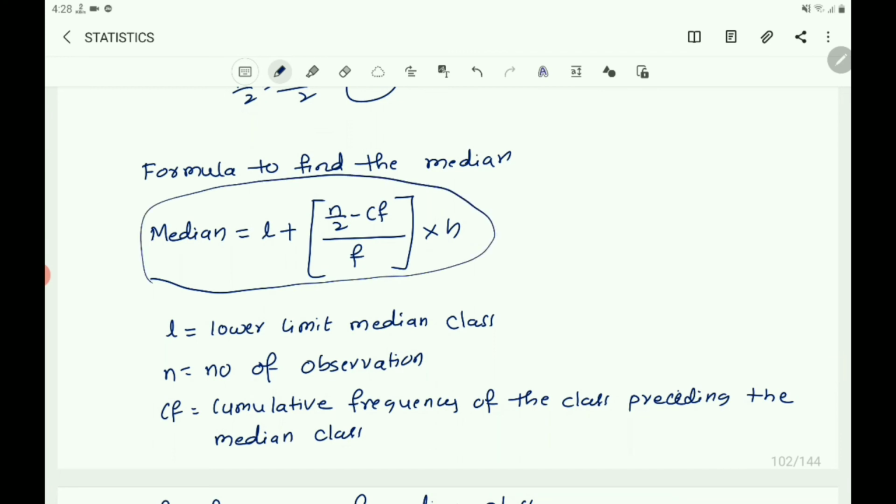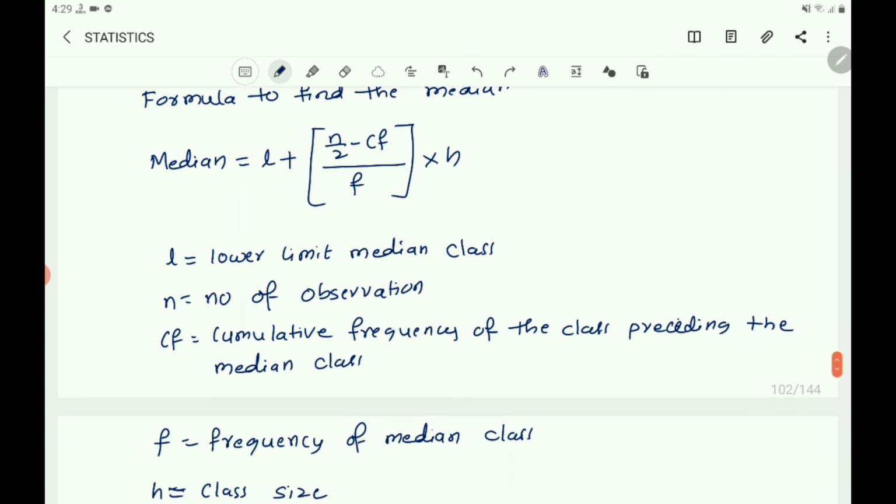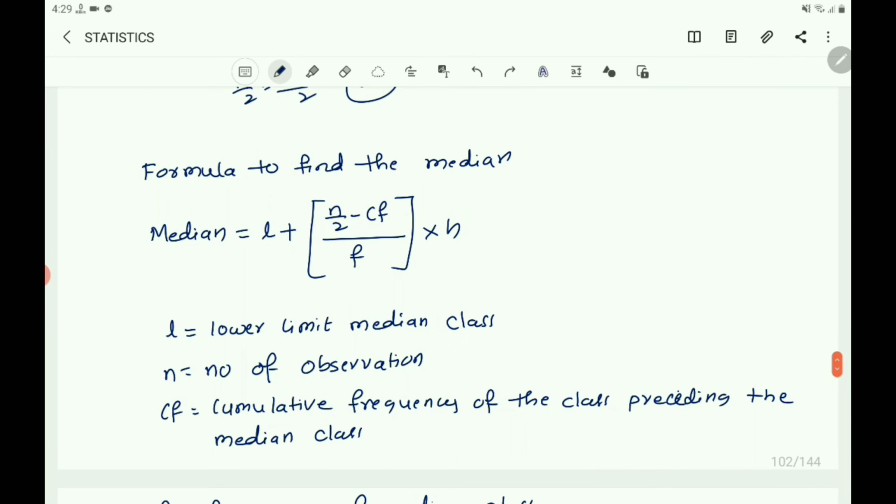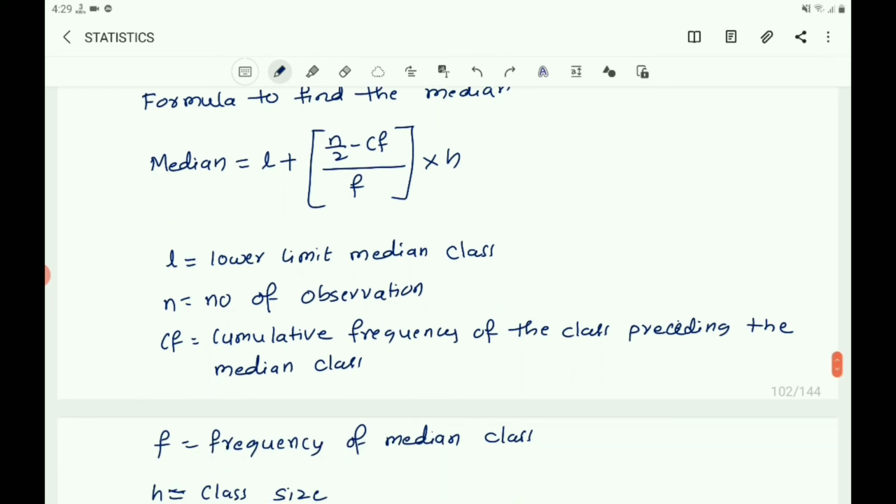That is median equals L plus n by 2 minus Cf by F into H. Here L is the lower limit of the median class, n is the total number of frequencies, Cf is the cumulative frequency of the previous class, F is the frequency of the median class, and H is the class size.